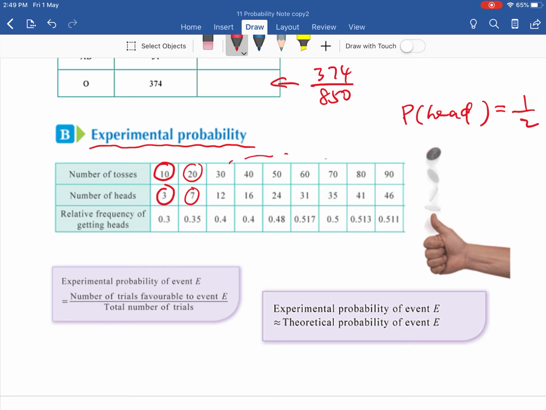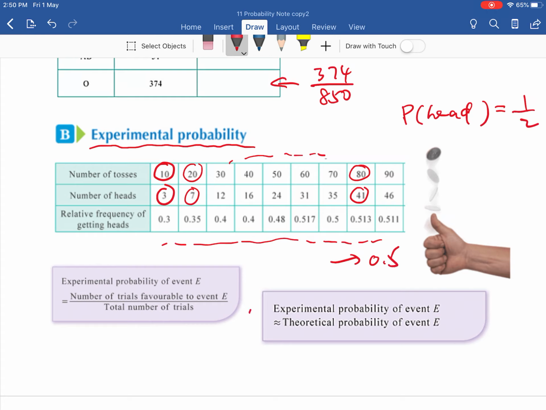And then more and more, and then you find that if 80, there's 41 heads. And then you calculate the relative frequency, you can find that the relative frequency is approaching 0.5, okay?